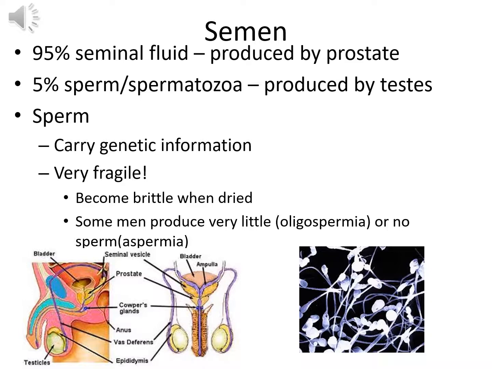If that's been done to both testes, the man will have no sperm present in his semen. So that's why we can't just look for sperm, because it's possible that the assailant had no sperm present. So we really prefer tests that identify the seminal fluid by something other than sperm.